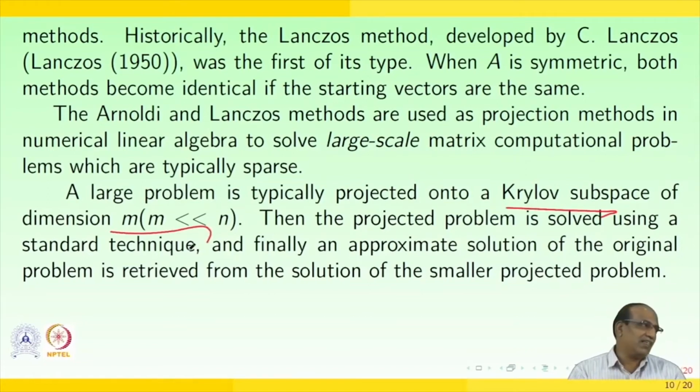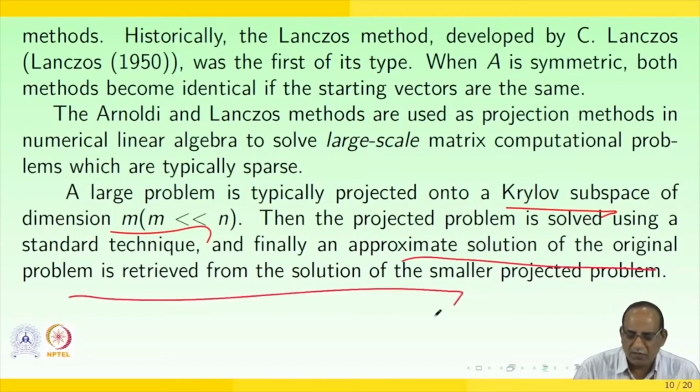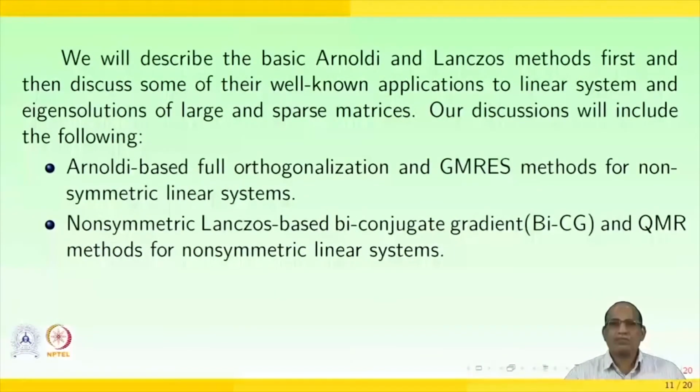Since we are handling large matrices, m is less than n, and the projected problem is solved by using a standard technique. Finally, an approximate solution of the original problem is retrieved from the solution of the smaller projected problem. We will describe the basic Arnoldi and Lanczos methods first and then discuss some of the well-known applications to linear systems and eigenvalue problems.